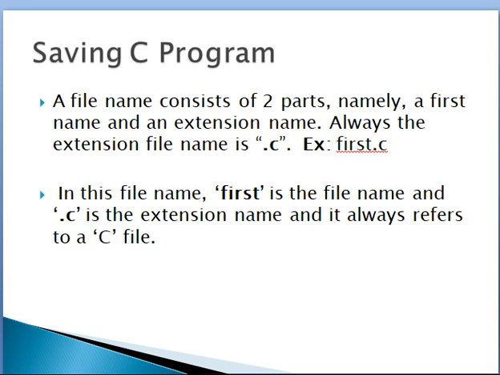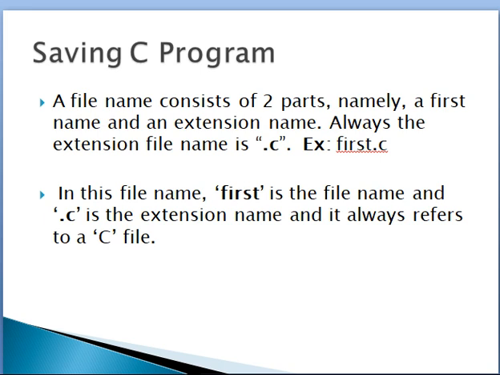While saving the C program, remember the following points. A file name consists of two parts, namely the first name and an extension name. The extension is always .c. In the example, we used the file name first.c.